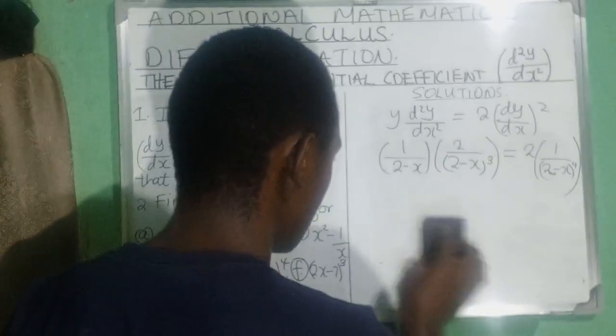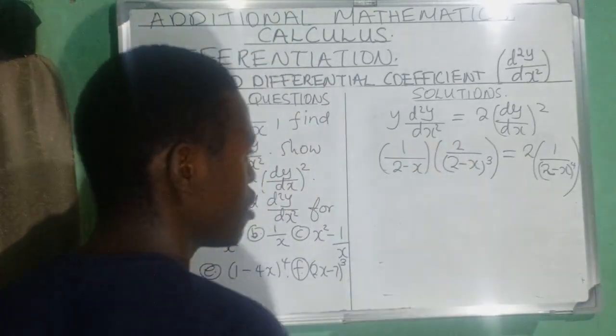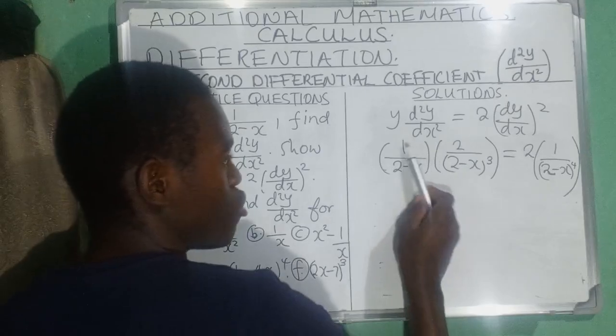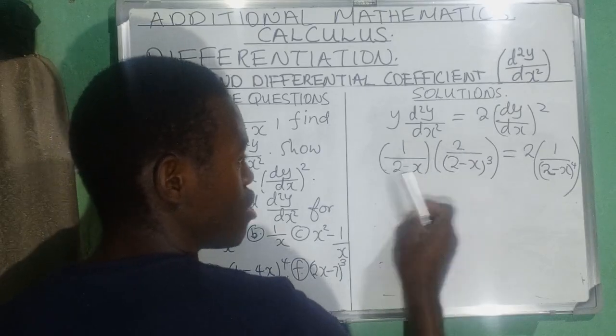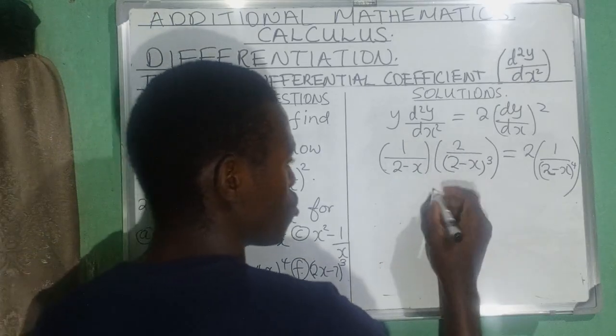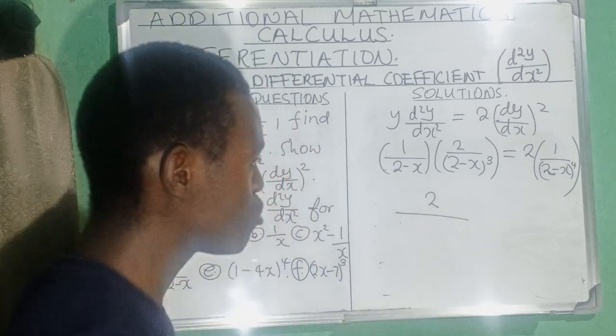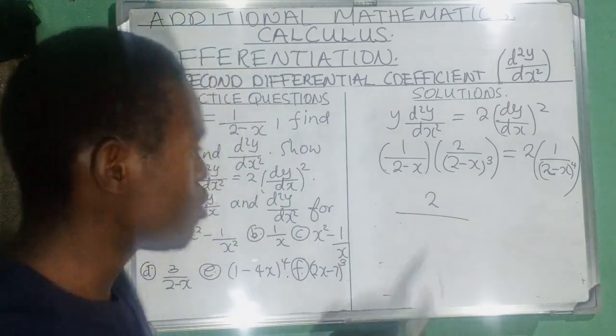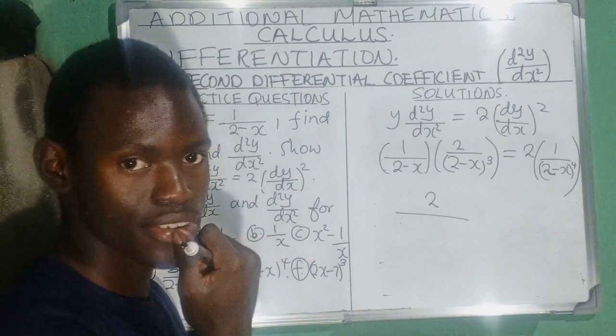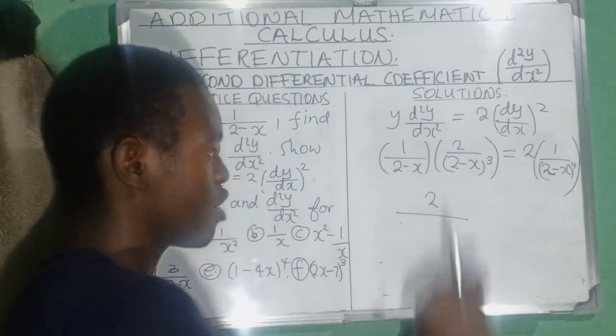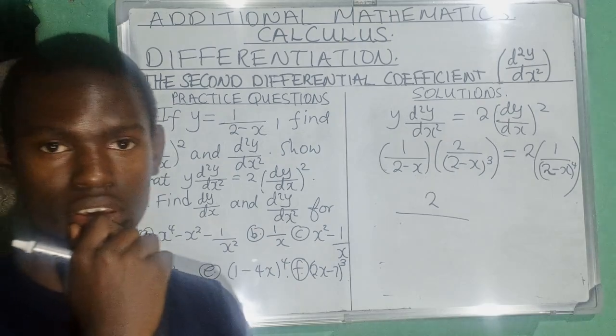Okay, so if we clean up, we are going to say 2 times 1. So we're going to multiply the numerators and the denominators. 2 times 1 is going to be 2. You divide by, here, as you can see, there is 2 minus x. And then here there is 2 minus x raised to the power 3.